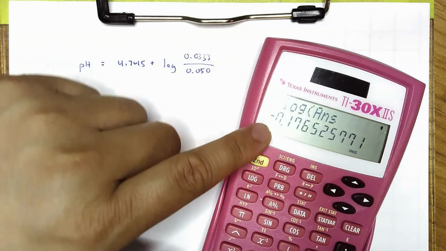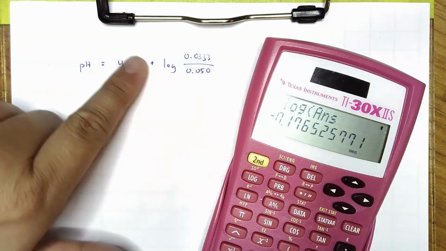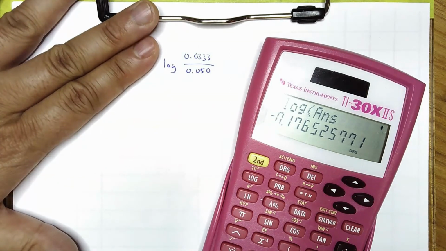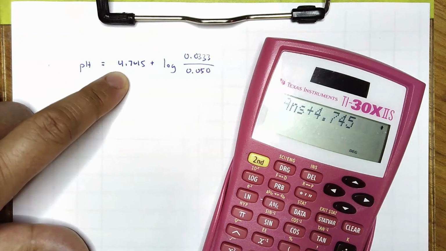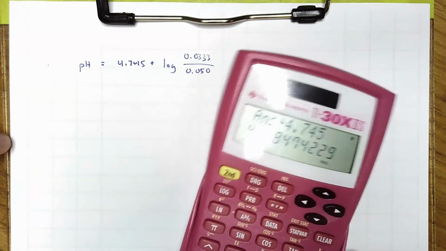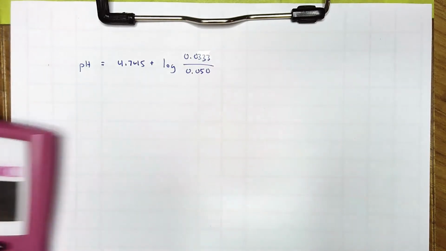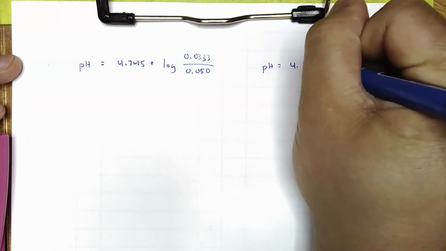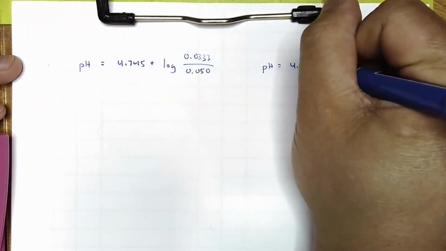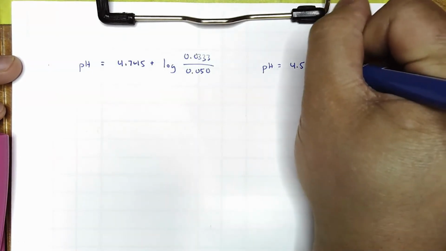Okay, so there's your term for log of the ratio, and then we're adding 4.745. Ooh, so it's not that low. pH equals 4.57.